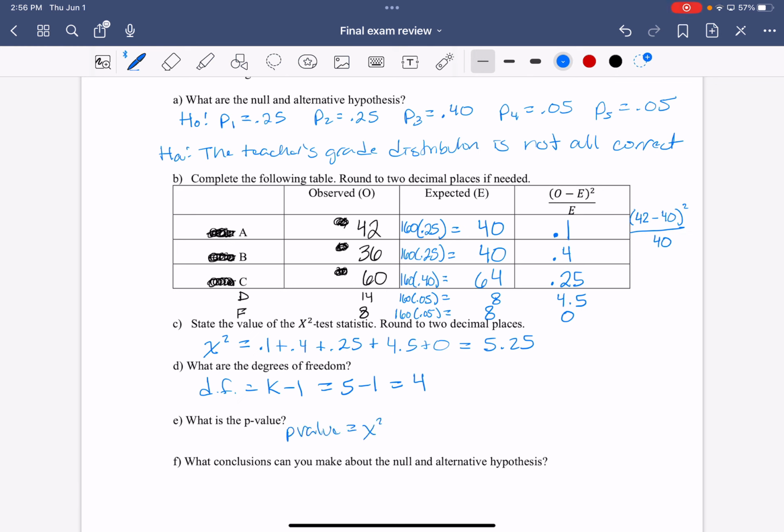P-value equals chi-squared CDF, where the lower bound is your test statistic, 5.25, going toward positive infinity, followed by the degrees of freedom. And you should get 0.263. Where are the CDFs again? In the second distribution menu. Yeah, to get to the CDFs, you do second distribution.